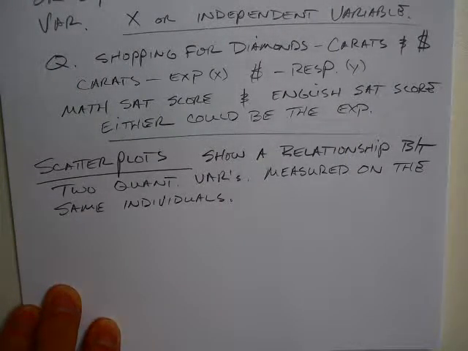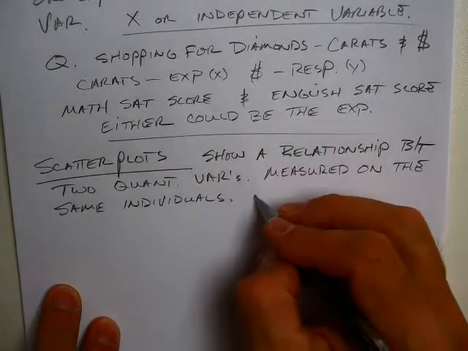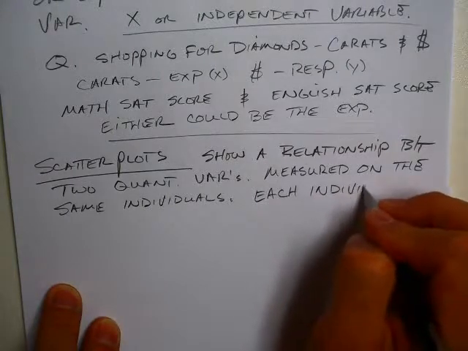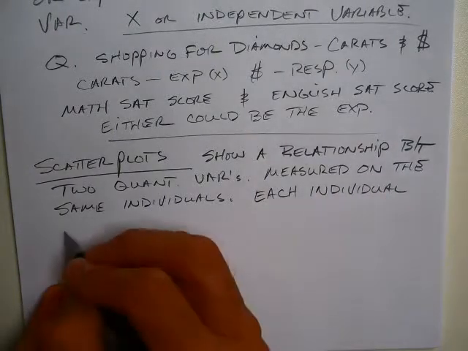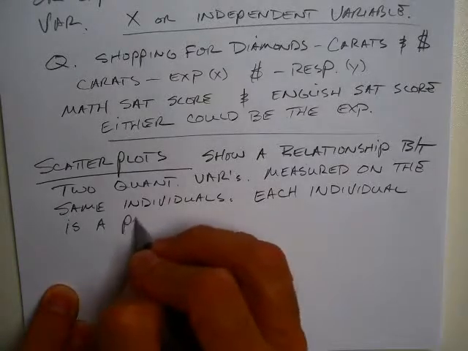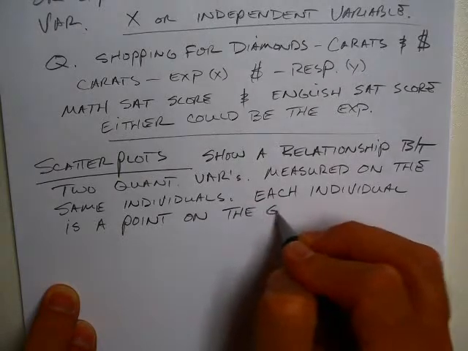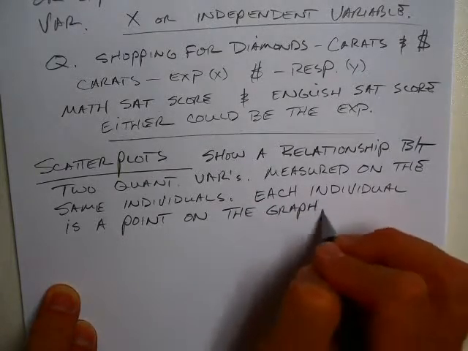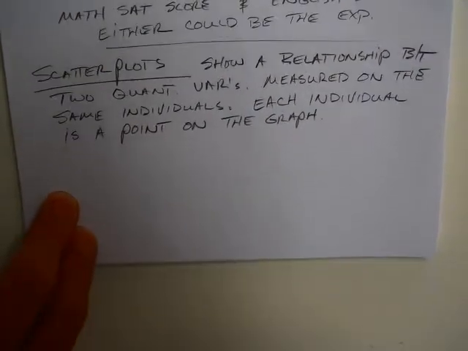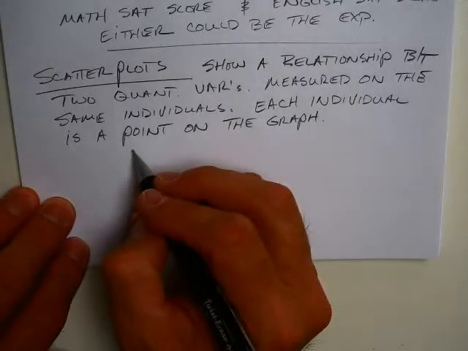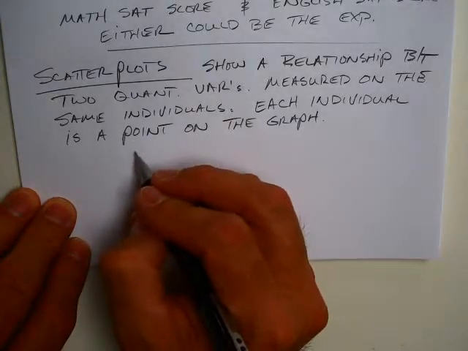And each individual is a point on the graph. We call this bivariate data, or two-variable data.